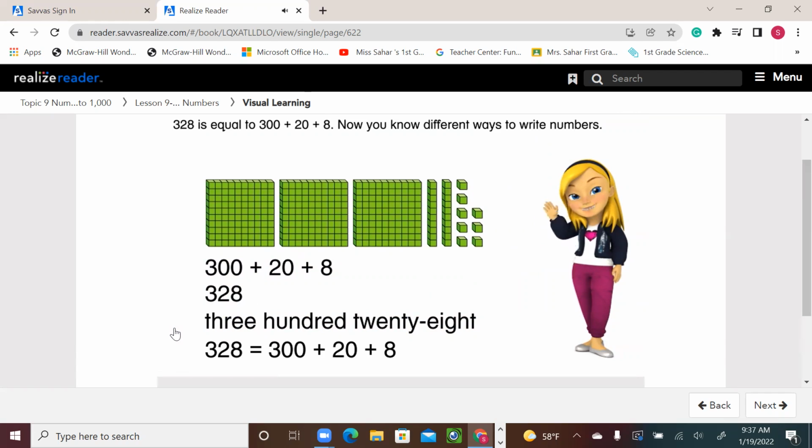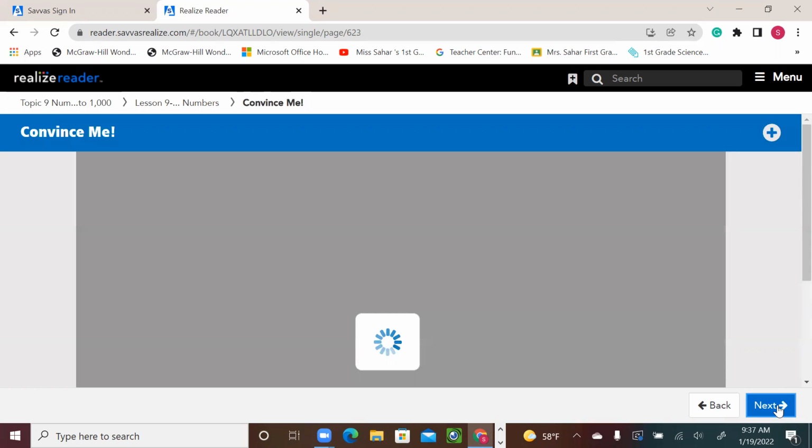Now you know different ways to write numbers. So either expanded, standard, like 328, or the word form, when you write the value of each number with the words. All right, let's see our guided practice.